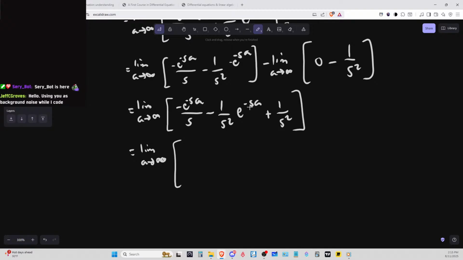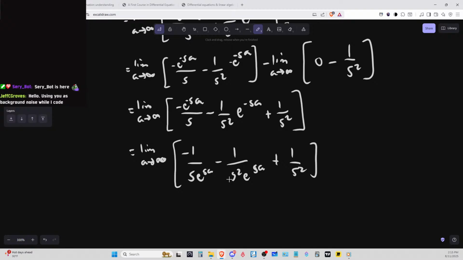Basically, since we have a negative sign here, that means this e^(sa) has to be on the bottom. So we have to have it like this: e^(sa) minus a over s, well, oops, negative sign is not supposed to be there. And then we'll do plus 1 over s squared.